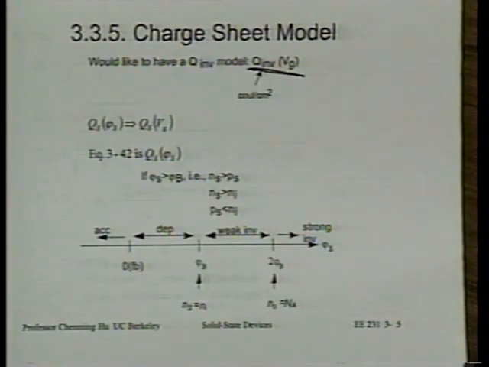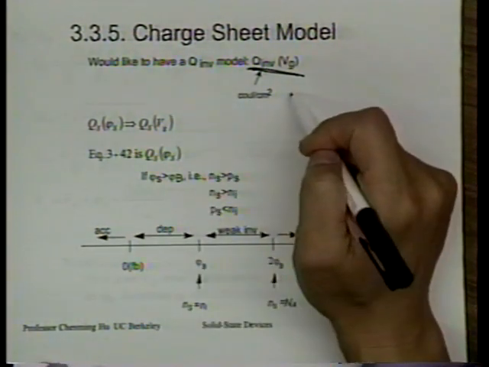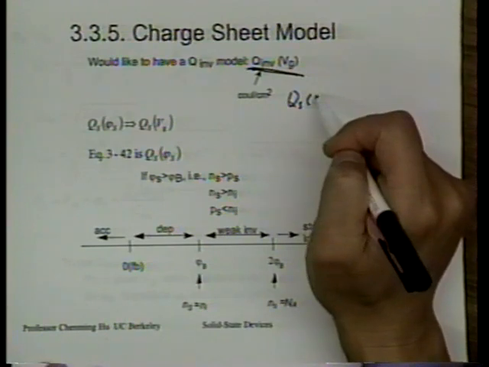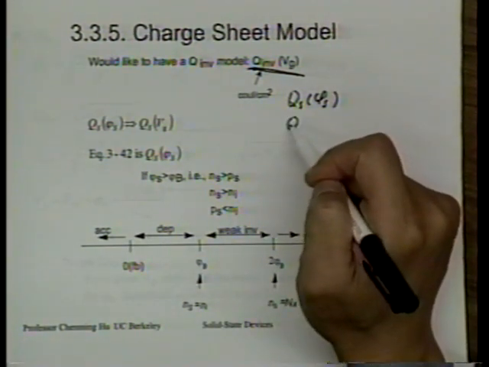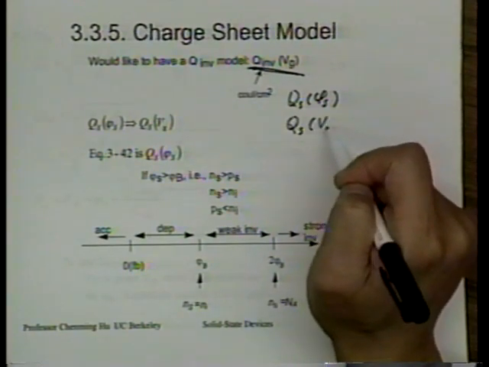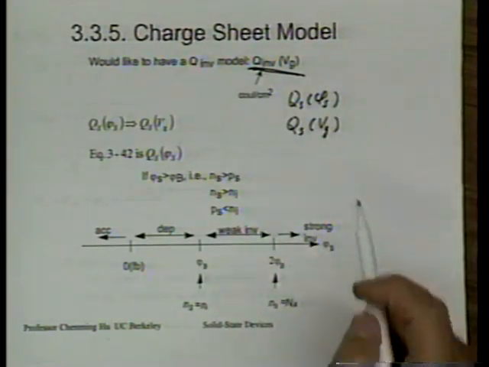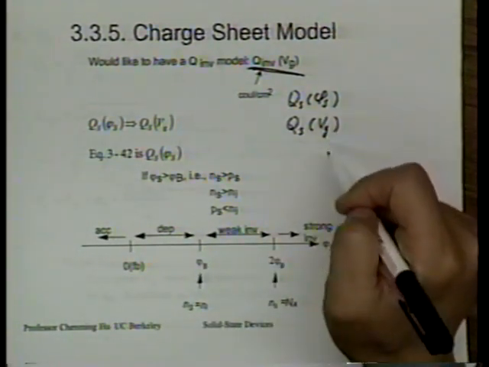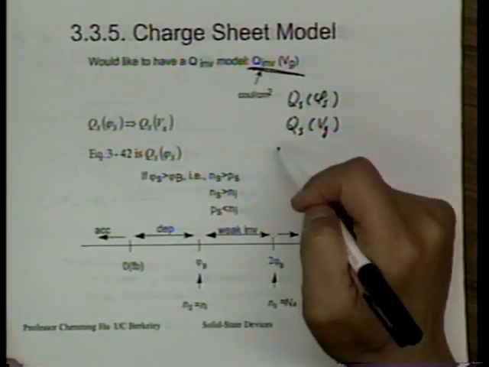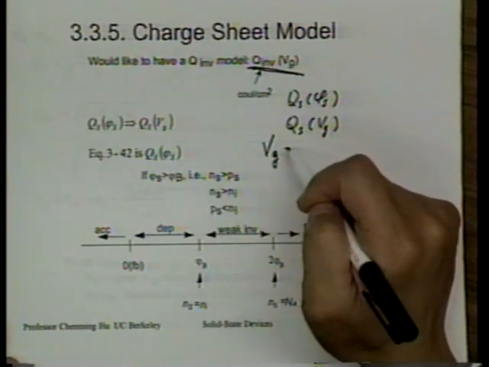This is a particularly interesting relationship. So far, we have QS as a function of phi s, no problem, hands down. And we kind of know QS as a function of VG because we can relate VG to phi s. Although the relationship is mathematically complicated, the relationship we're speaking of is this one.